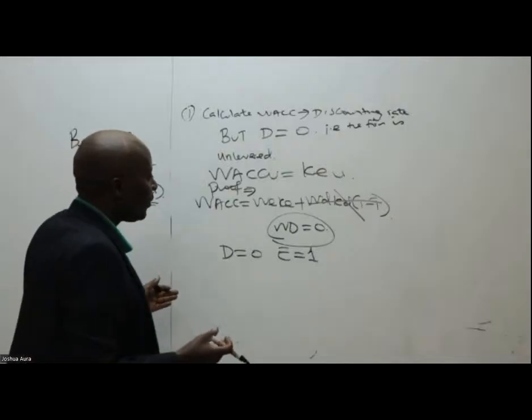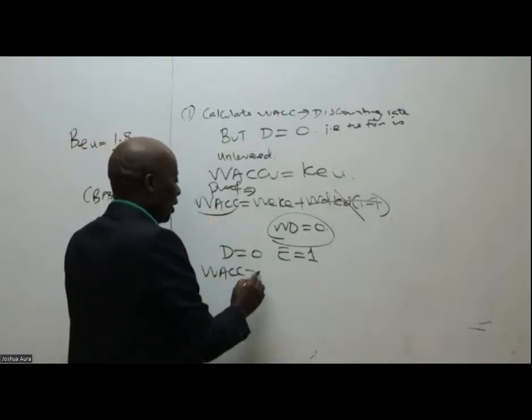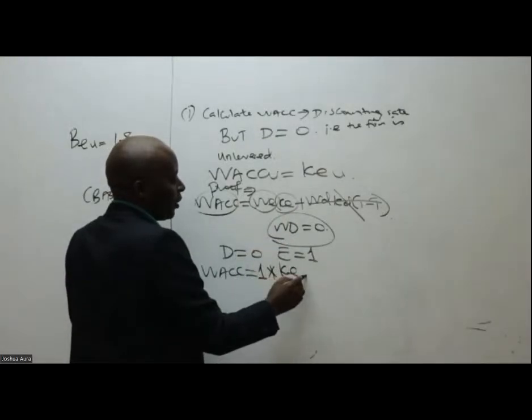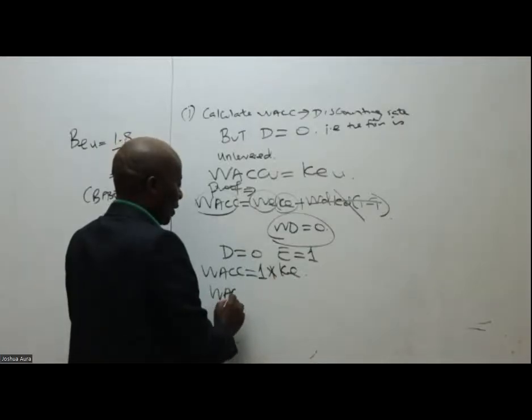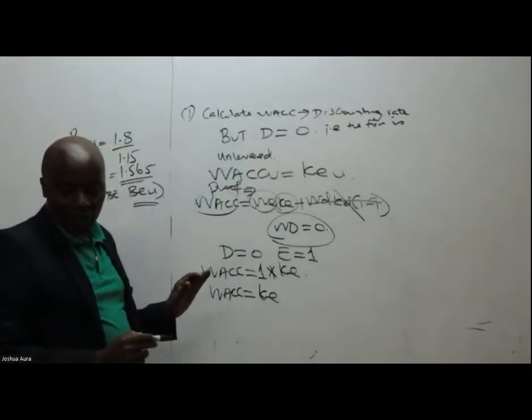So meaning our WACC will be equal to weight of equity, which is 1, times cost of equity. So our WACC will be equal to cost of equity for unlevered organizations.